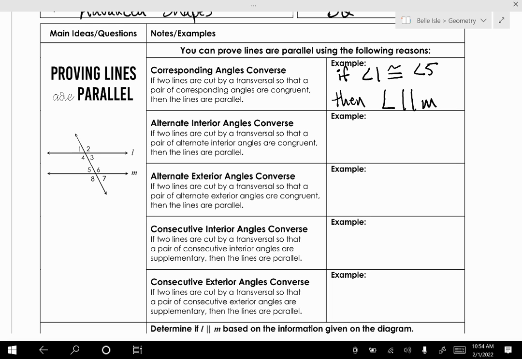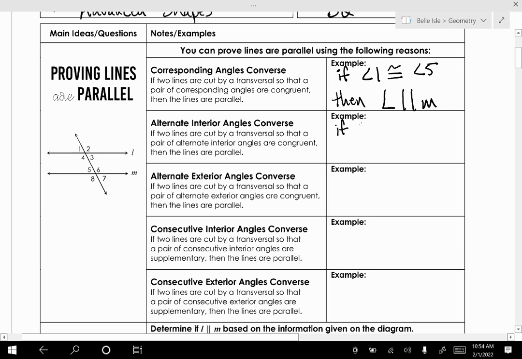Hector, how's your work going? Alternate interior angles converse. So if 2 lines are cut by a transversal so that a pair of alternate interior angles are congruent, then the lines are parallel. I agree. Cool. So let's use angle 4.